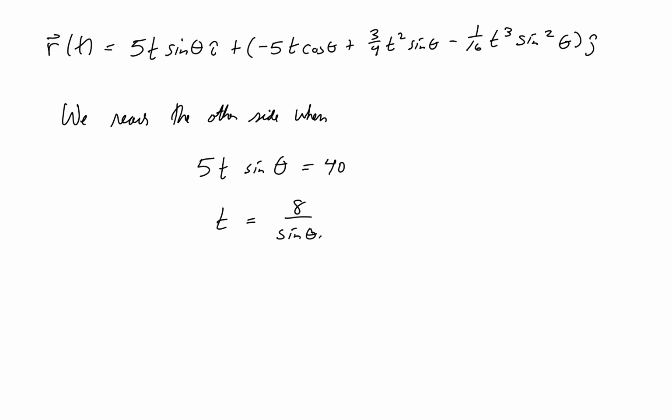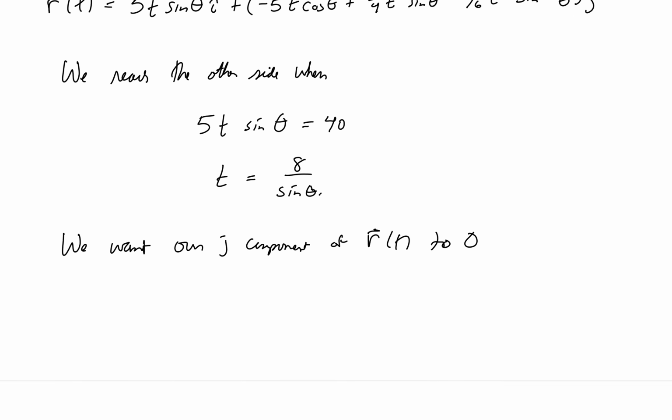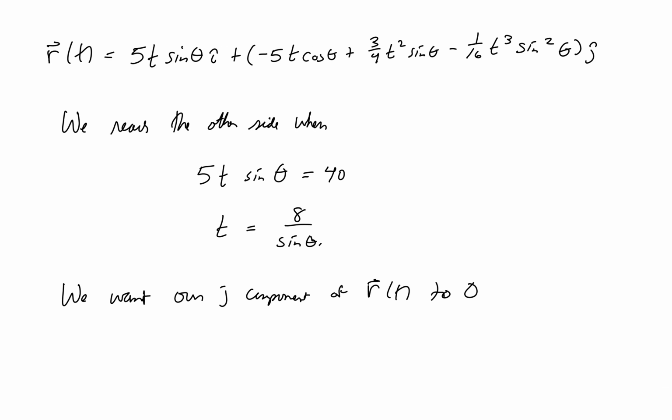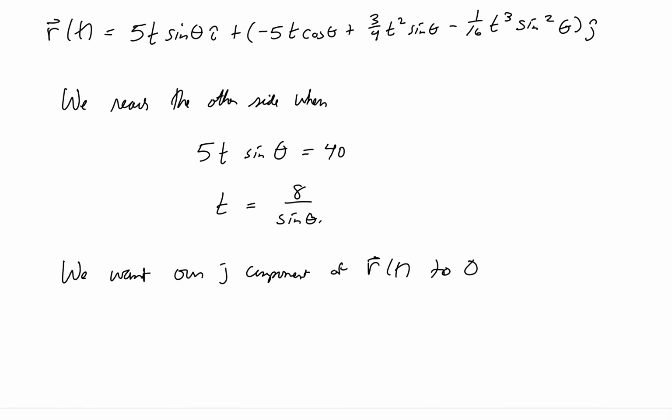And now we want to force our j component of r of t to be 0, because we want to land at exactly b, so we don't want to have gone anything up the river. So we want minus 5t cosine theta plus 3/4 t squared sine theta minus 1/16 t cubed sine squared theta to be equal to 0.